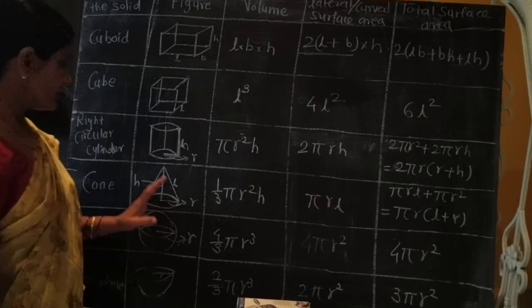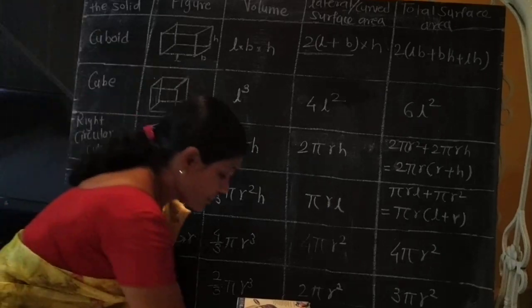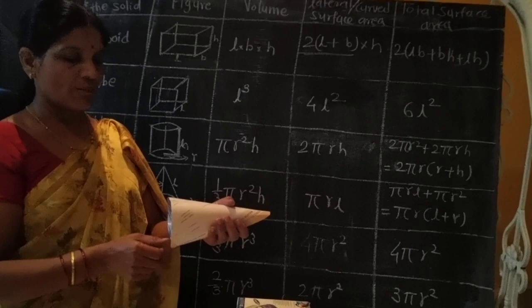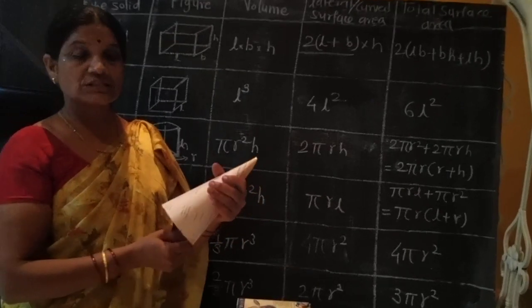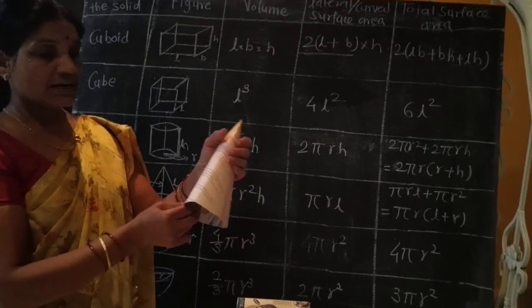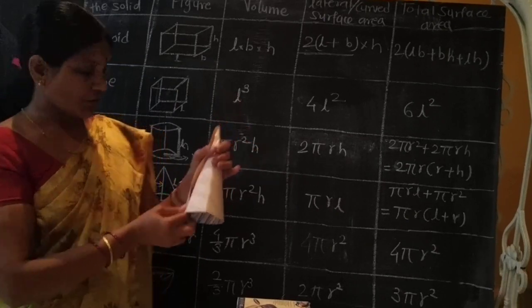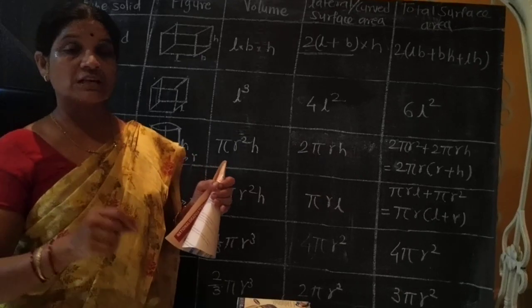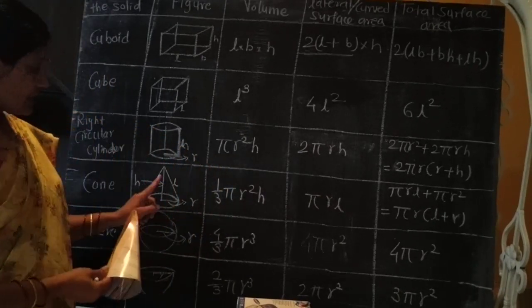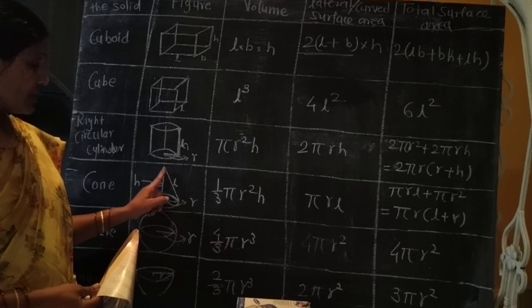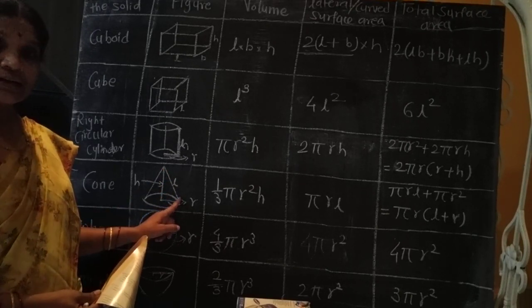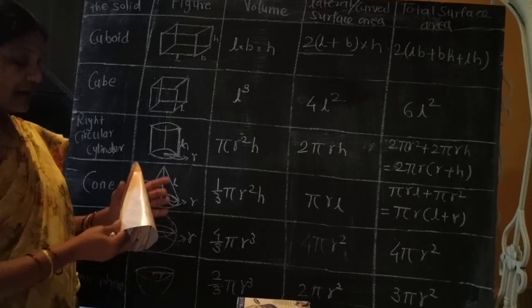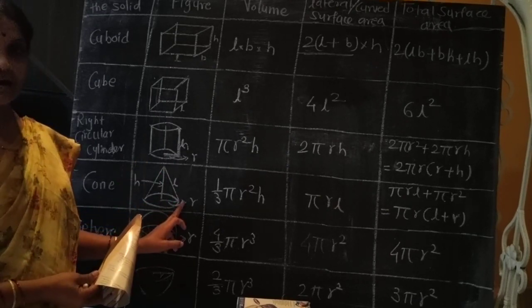Now the next solid figure is cone. We already know some objects that have the shape of a cone. It is also a right circular cone. See here, this is a right circular cone. The figure is like this way. There are 3 main concepts of a right circular cone: slant height denoted by letter L, perpendicular height h, and radius of base r.